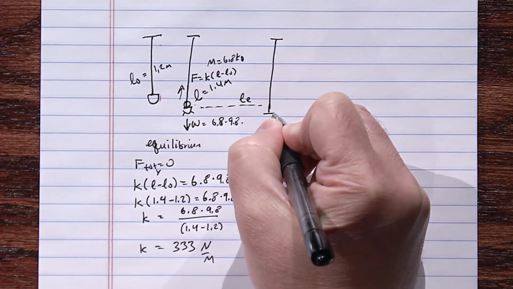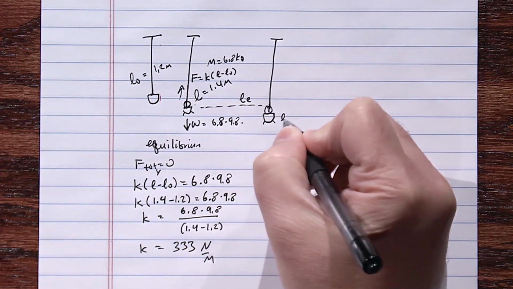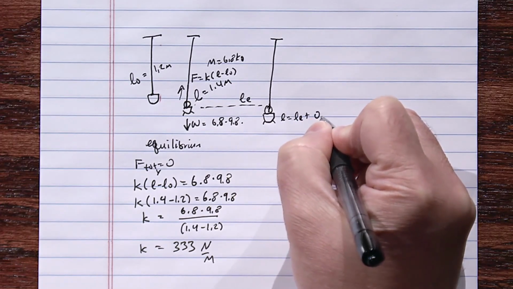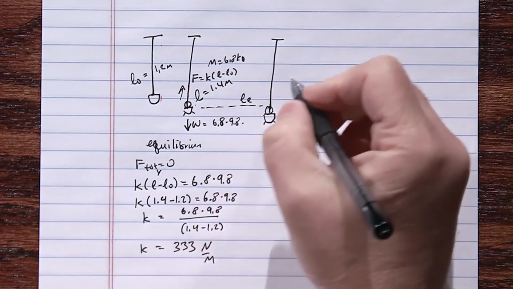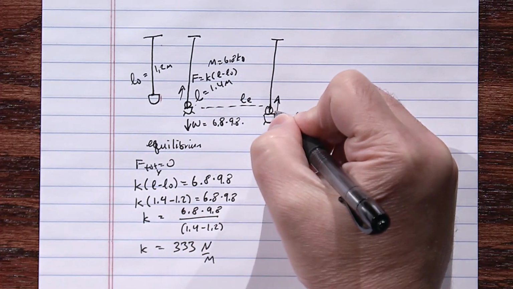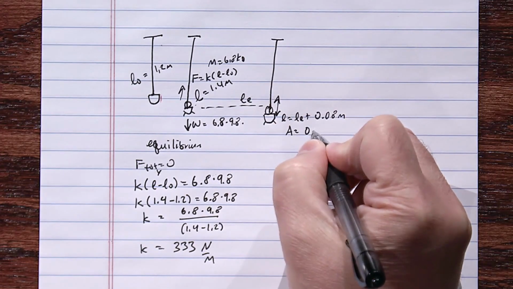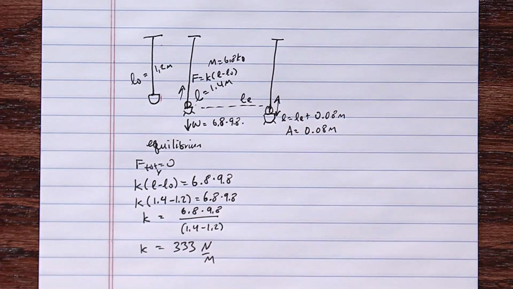And she pulls it down another, with the baby in it, L is equal to LE plus 0.08 meters. And what that tells us is that when the baby bounces, he will bounce with an amplitude of 8 centimeters, 0.08 meters.